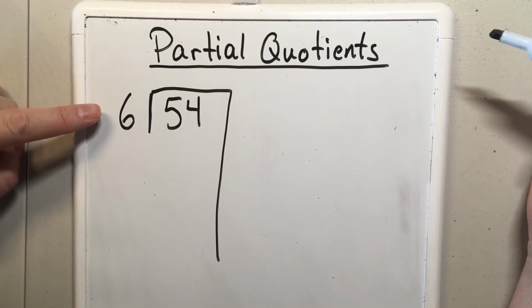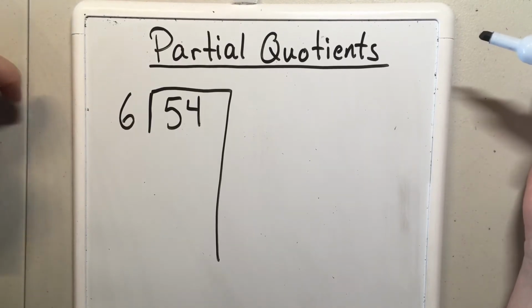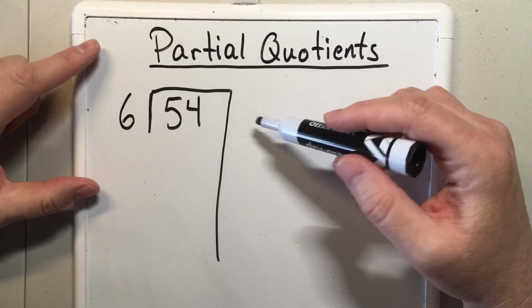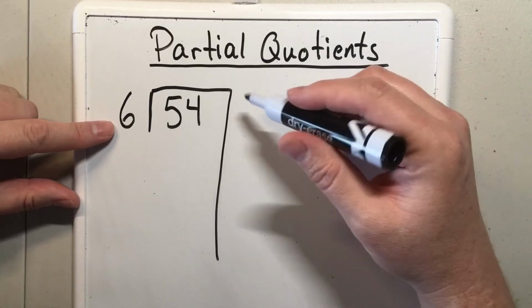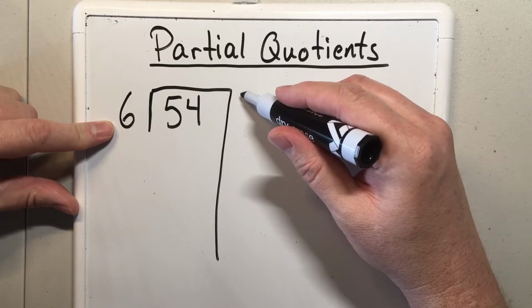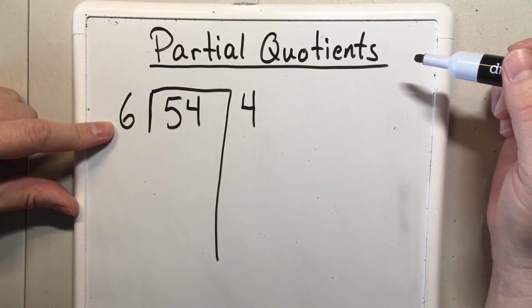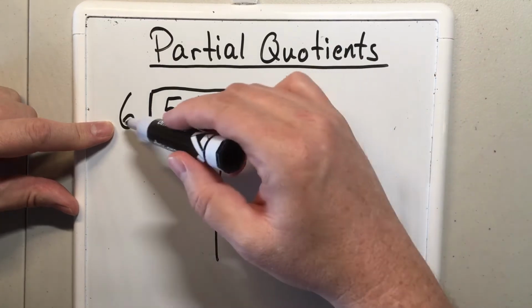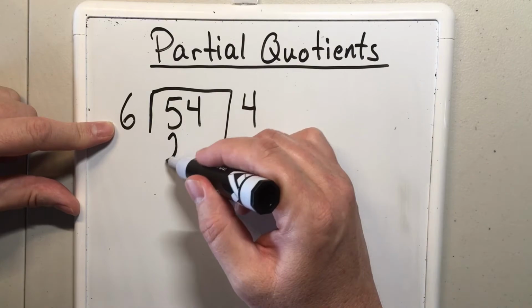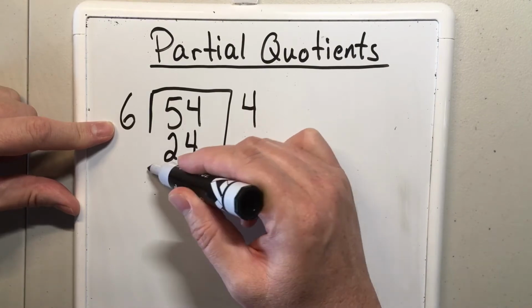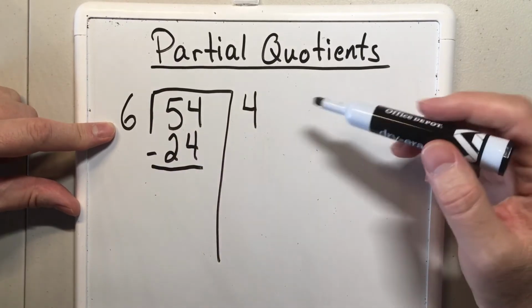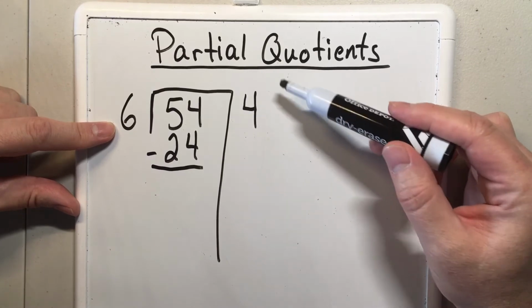Some of us can look at this and just know what the answer is now, but let's imagine that I don't. So one thing that I can do is I can start using numbers here on the side to multiply by 6. So I'm going to take 4 first. And I'm going to say 4 times 6 equals 24. This right here is a partial quotient.